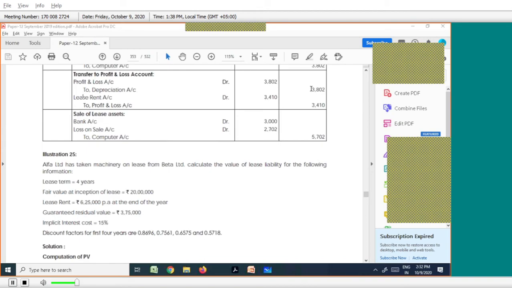Alpha Limited has taken machinery on lease from Beta Limited. Alpha is the lessee and Beta is the lessor, and they said calculate the value of lease liability in Alpha Limited. That means it is a finance lease.